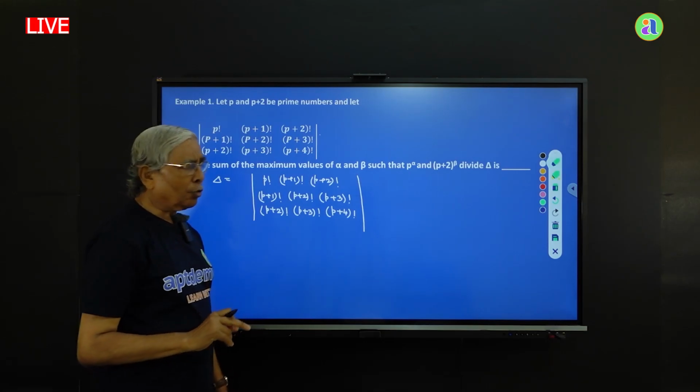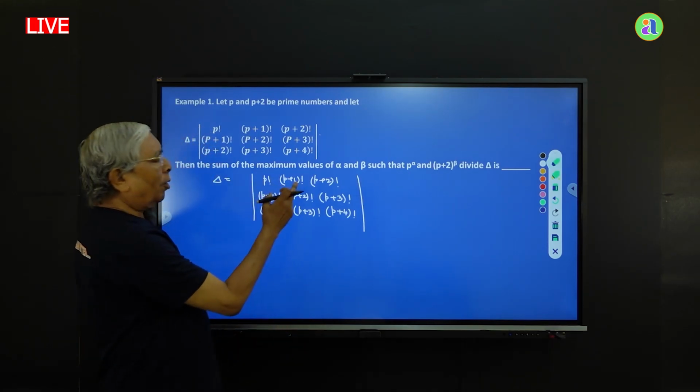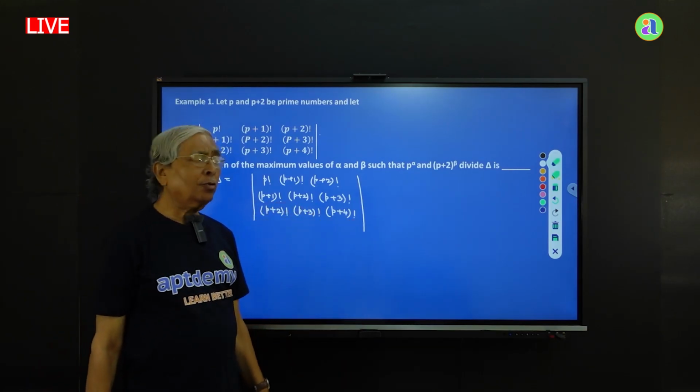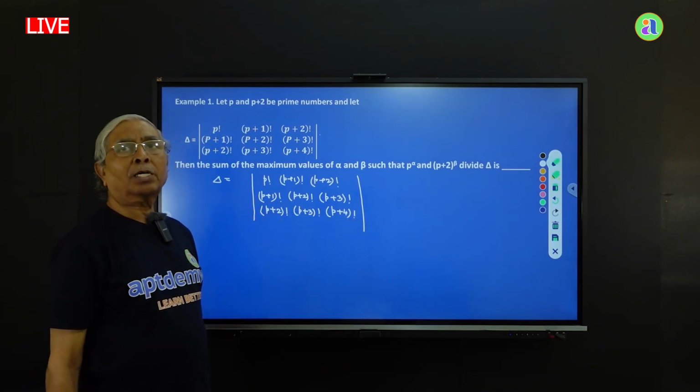Now look at the first row of the determinant. You can take common factorial p from the first row, factorial p plus 1 from the second row, and factorial p plus 2 from the third row.